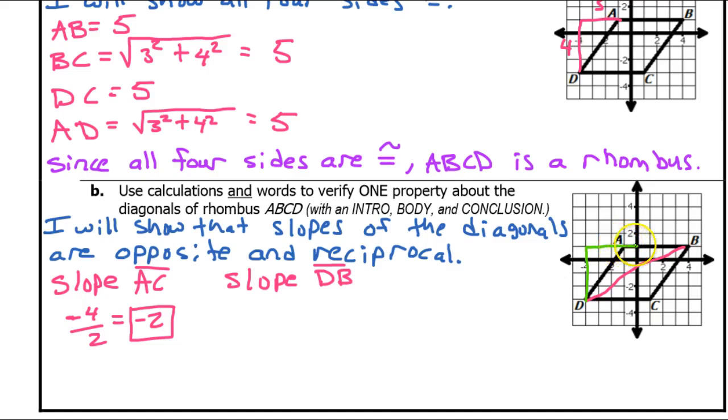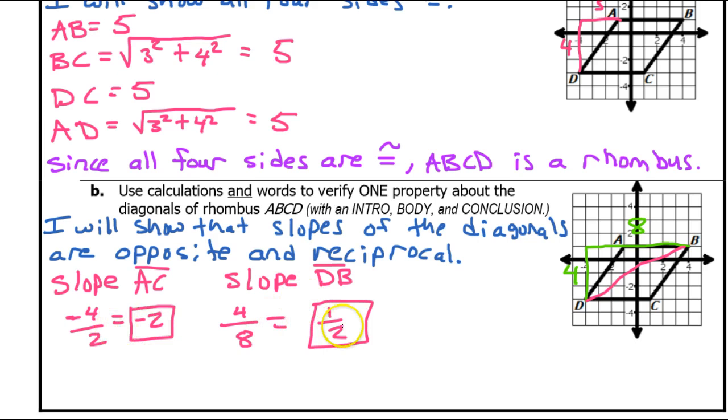There's my rise, and there's my run. So that's a rise of positive 4, and a run of 8. So rise over run is 4 over 8, and that reduces down to 1/2.